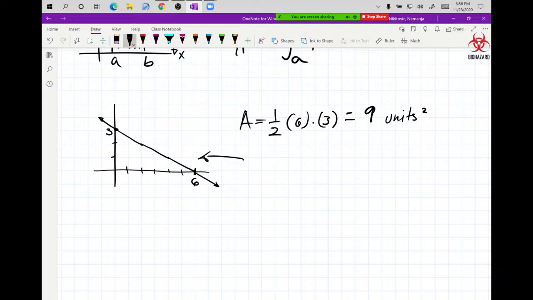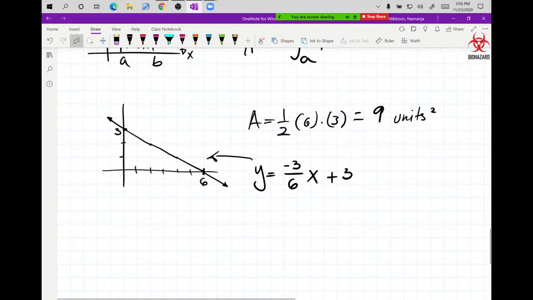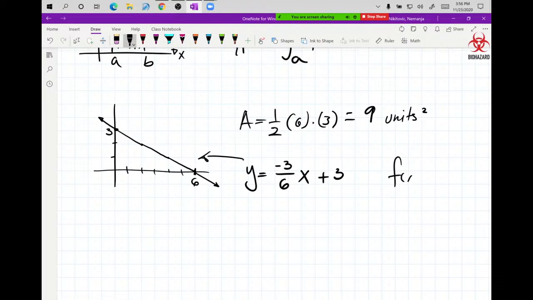So if we go and here say, oh, this is y equals, we go 3 units down, 6 units over, and then plus 3 on the y-intercept. This turns out into the function f of x as negative x over 2 plus 3. That's a function, right? When you simplify this linear line, and y is f of x.